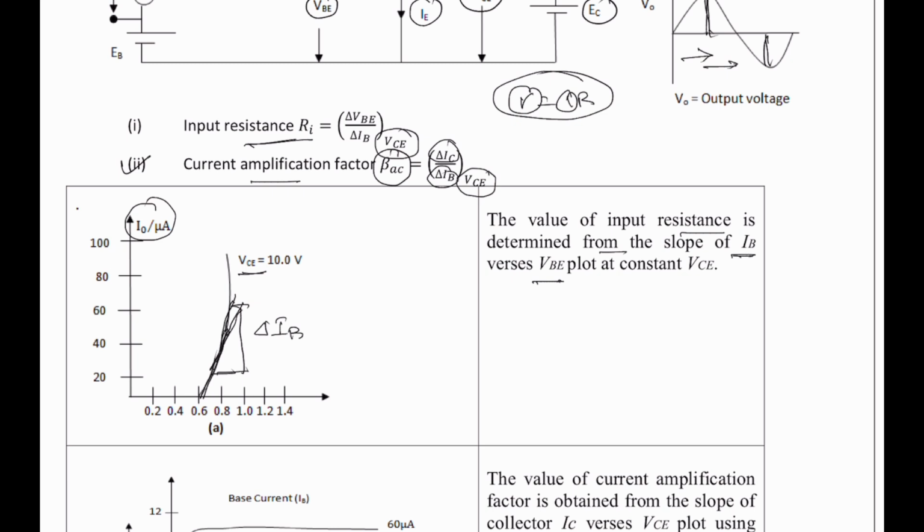So the input resistance we have to find out, right? The slope is tan theta, the slope of IB versus VBE. VBE means the base emitter voltage, correct?